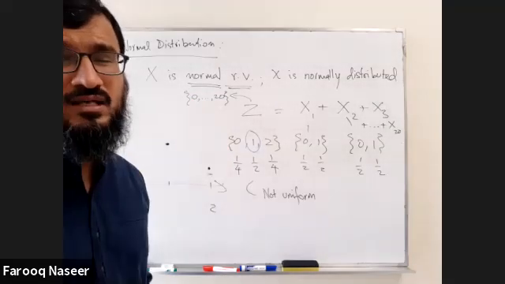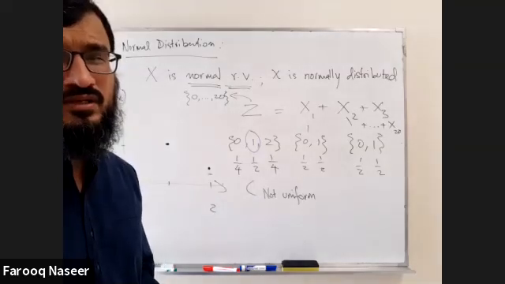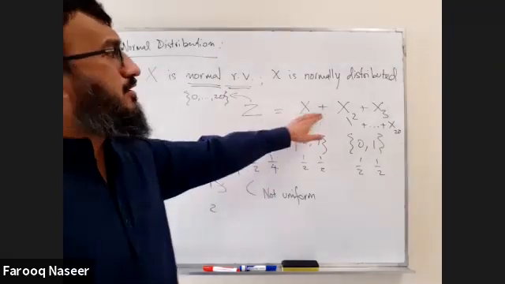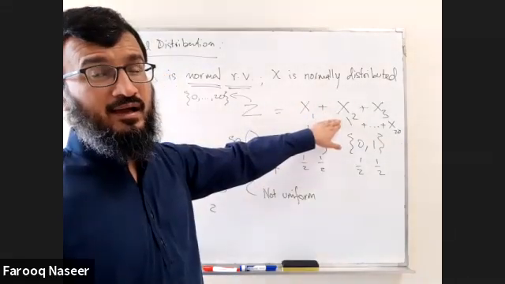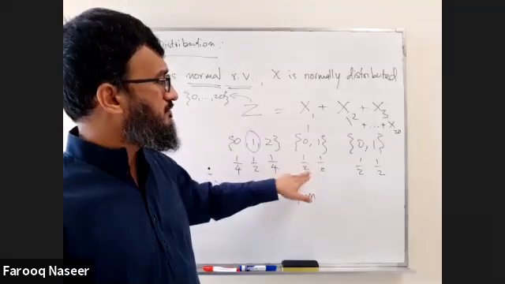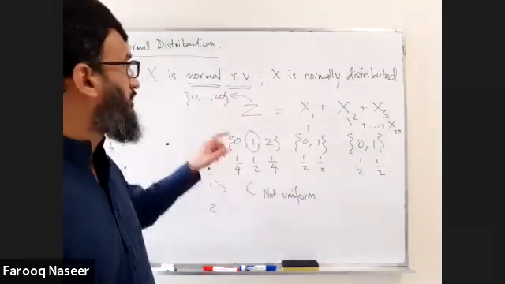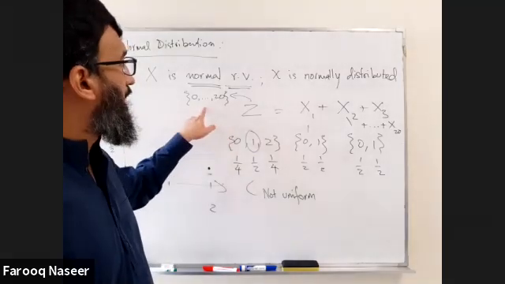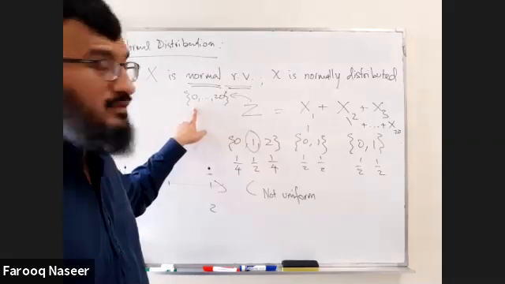So if Z is the sum of 20 coin toss outcomes, x1 through x20, each of these variables is independent of each other and has the same distribution. When I add them, I get a random variable which takes values between 0 and 20.